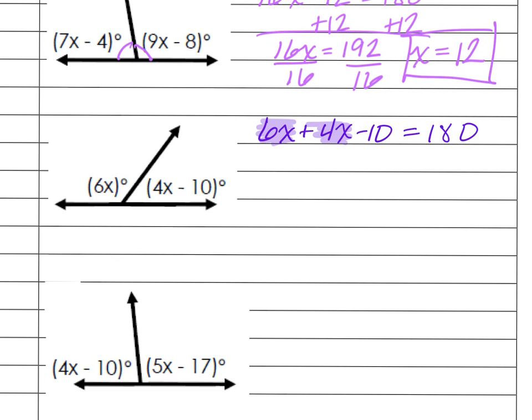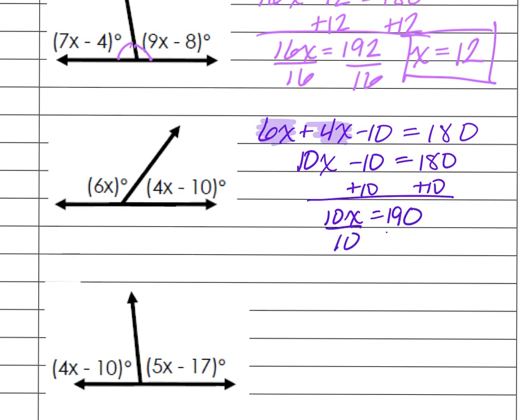So 6x plus 4x is 10x. Minus 10 equals 180. Add 10. And I get 10x equals 190. Divide by 10. So x equals 19.